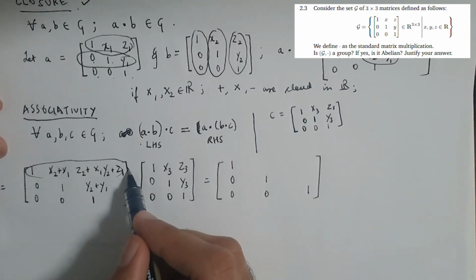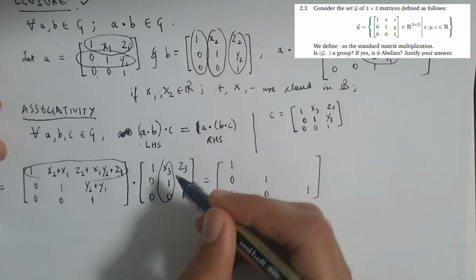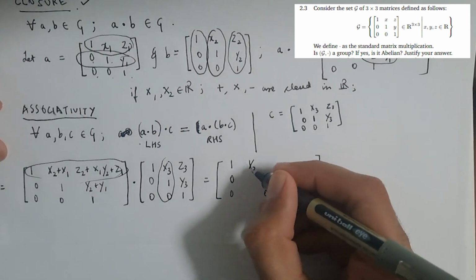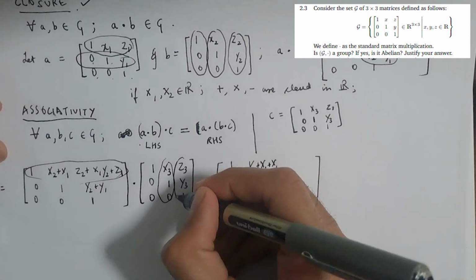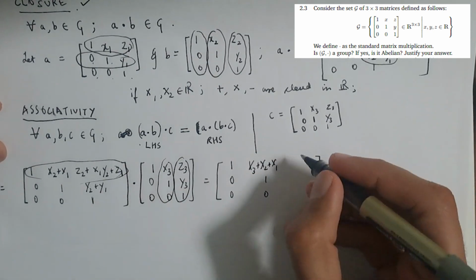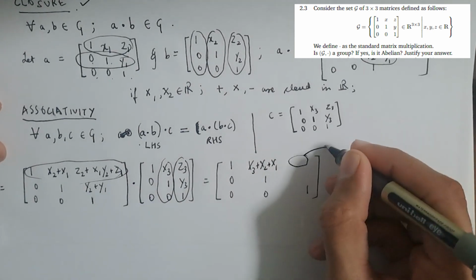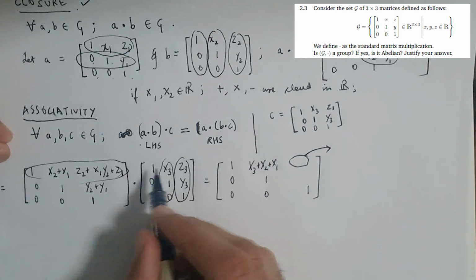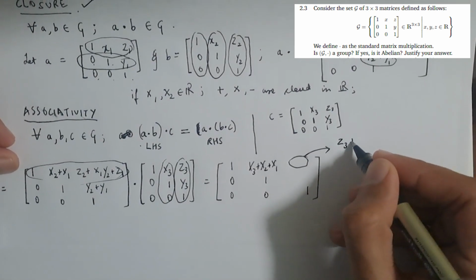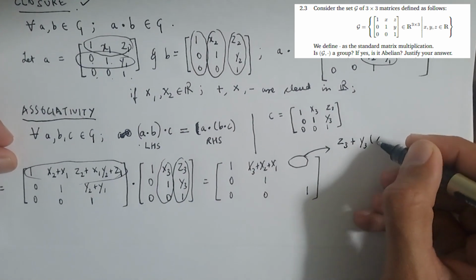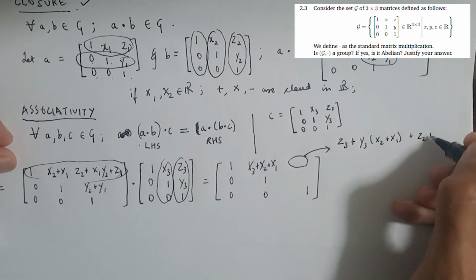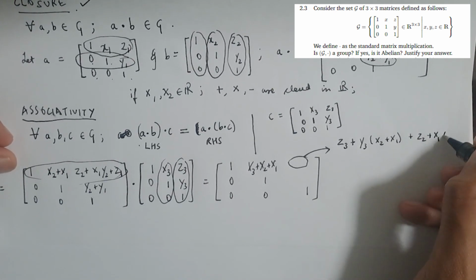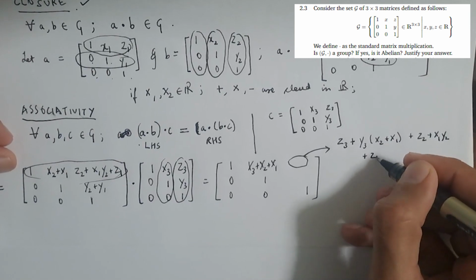This element multiplied by this should be x3 plus x2 plus x1. Then you have this element with this element. Now this is a really big element, so I'll just write it here instead. That should be z3 plus y3, x2 plus x1 plus z2 plus x1, y2 plus z1.